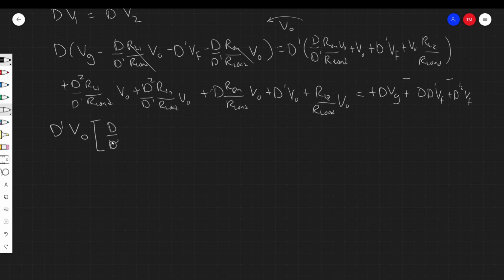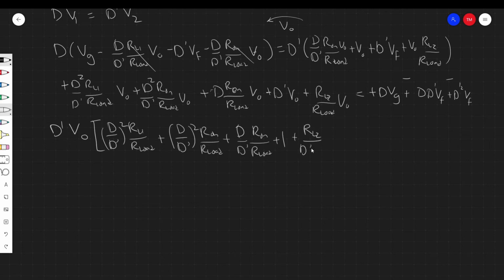We're going to get D over D prime all squared RL1 over R load plus D over D prime all squared R on over R load plus D over D prime R on over R load plus 1, right? Plus RL2 over D prime R load. Sorry, there should have been a D prime over here. So I factored that out. Plus RL2 over R load.